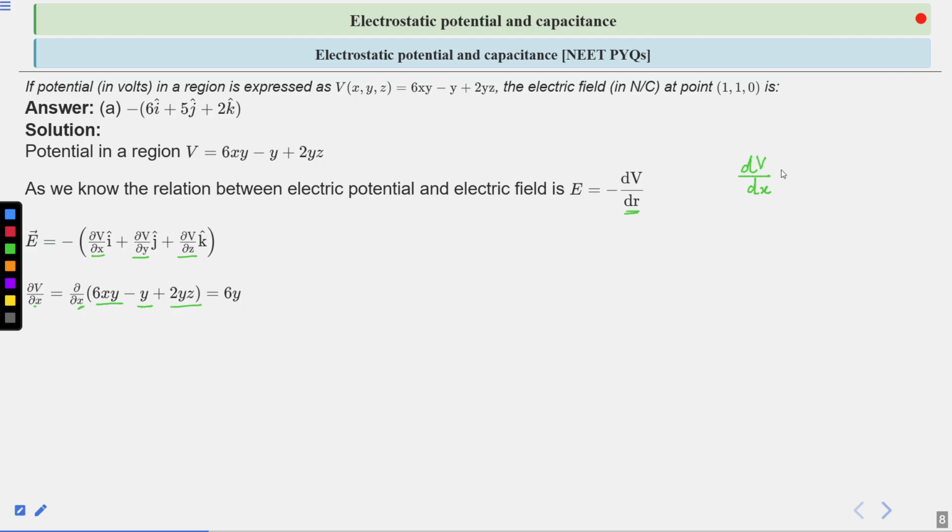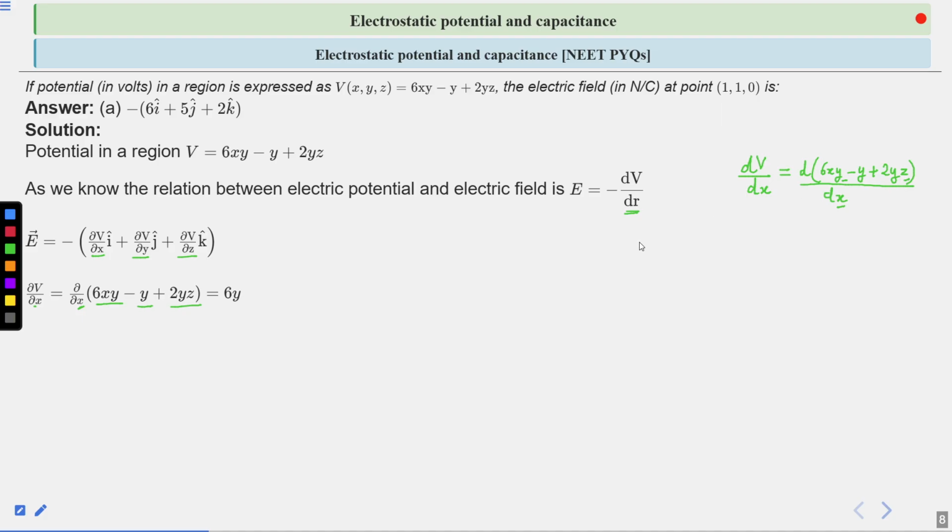Then 6xy minus y plus 2yz upon dx: we differentiate this potential with respect to x, but y and z are also variables here, so we consider y and z also as variables.